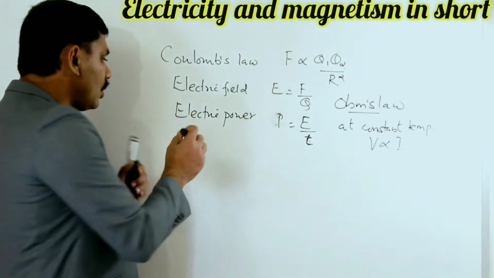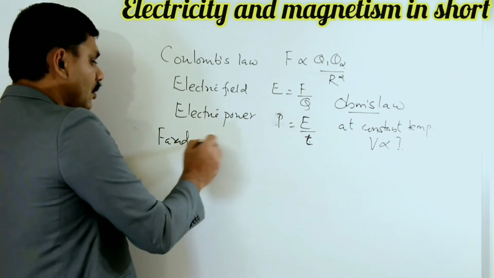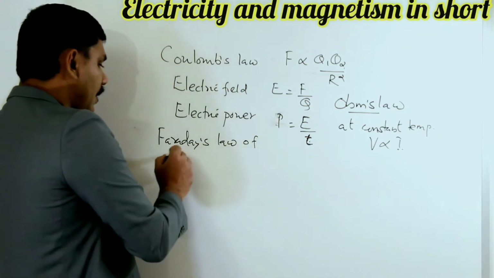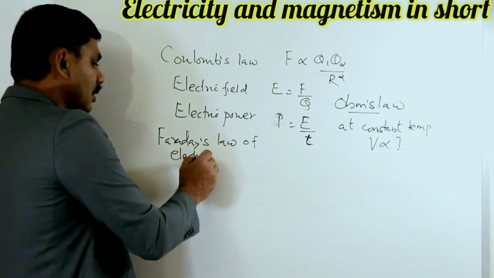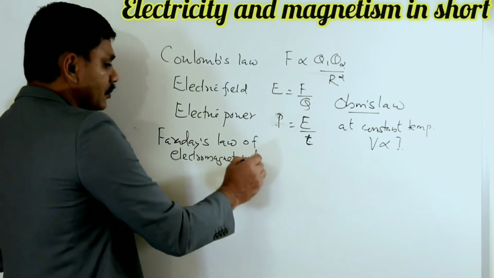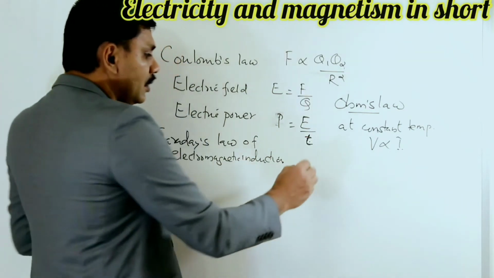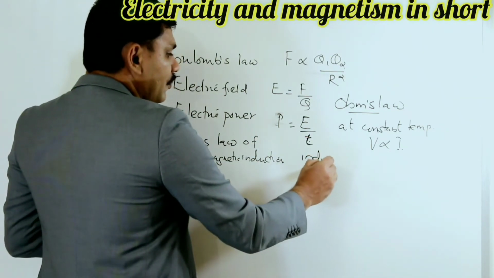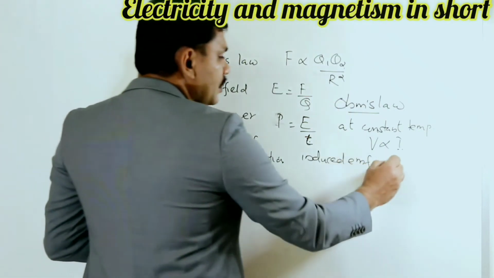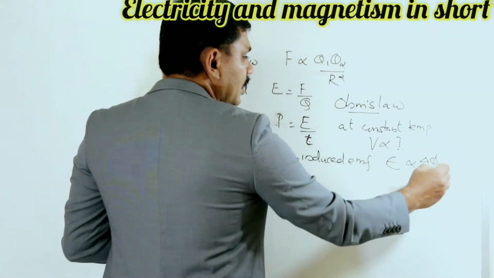Then Faraday's law of electromagnetic induction. That is induced EMF epsilon directly proportional to rate of change of flux.